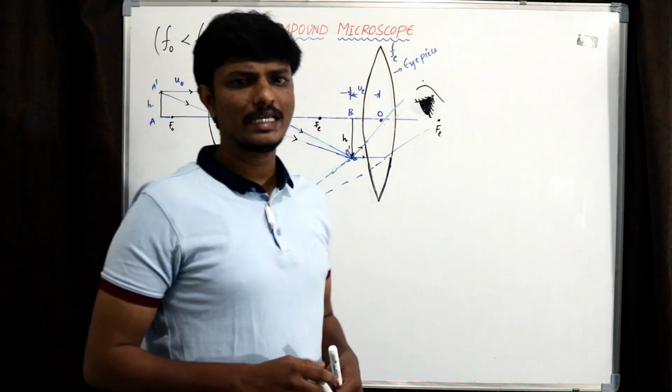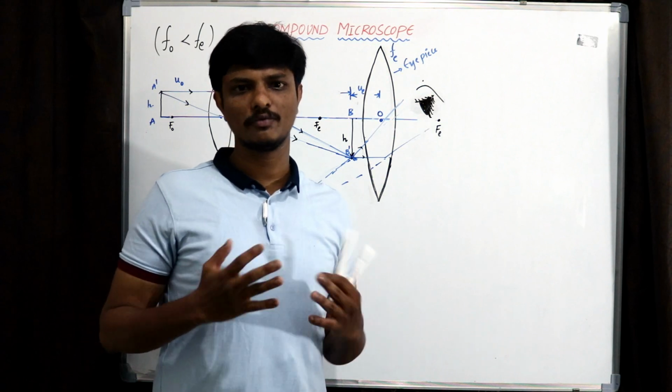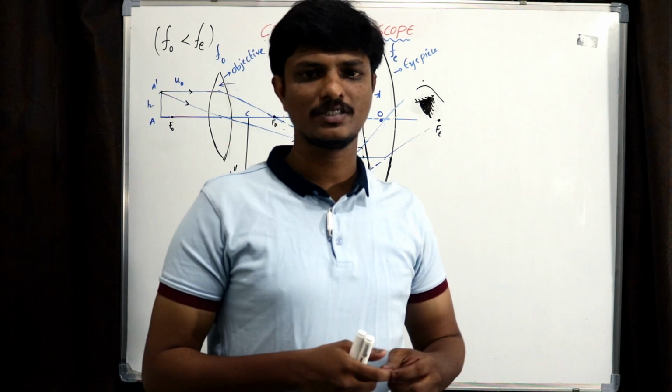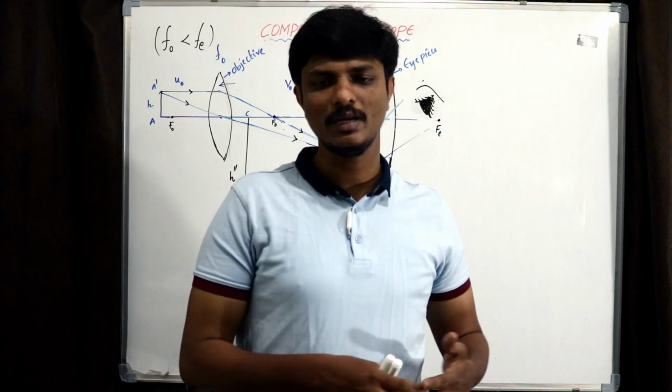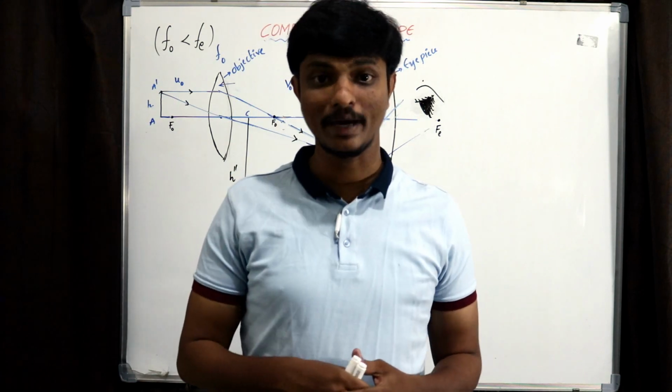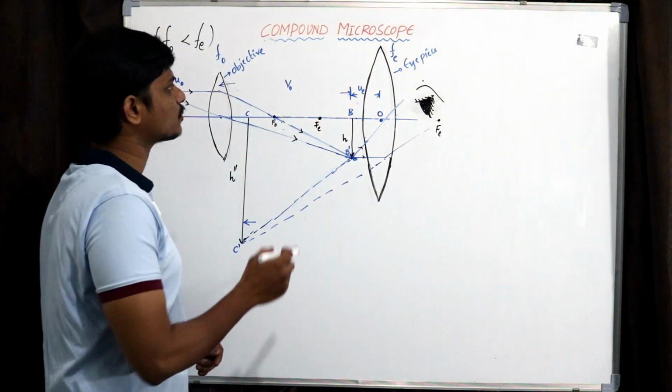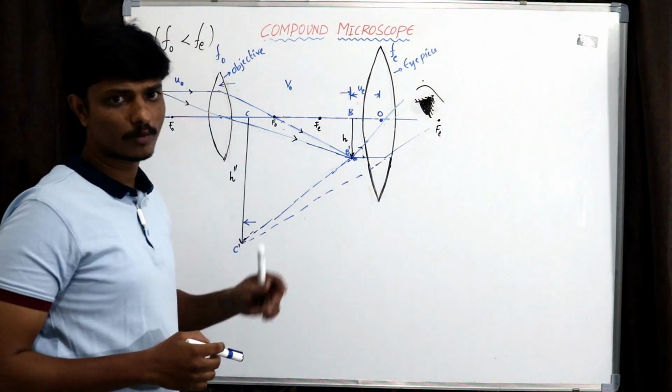So we want a device with even more magnifying power, by which we could see objects whose lengths or heights are less than 1 millimeter, approximately equal to 1 micrometer, right? In that process we have built a device called compound microscope, which has more magnifying power.